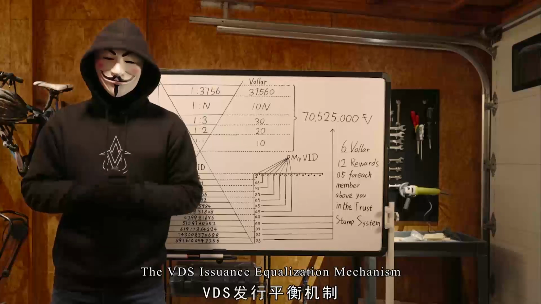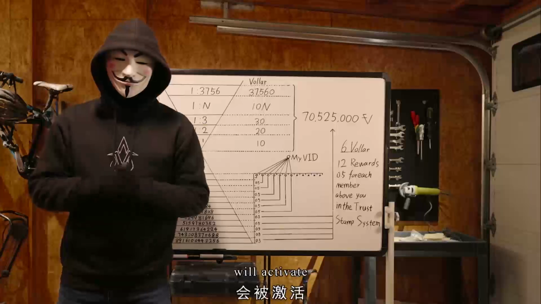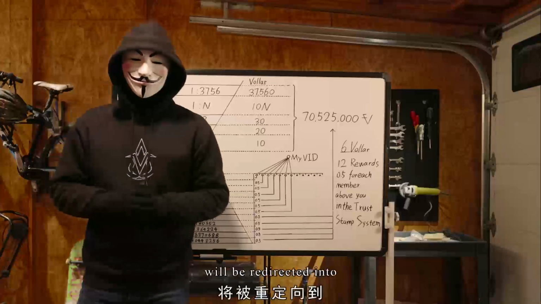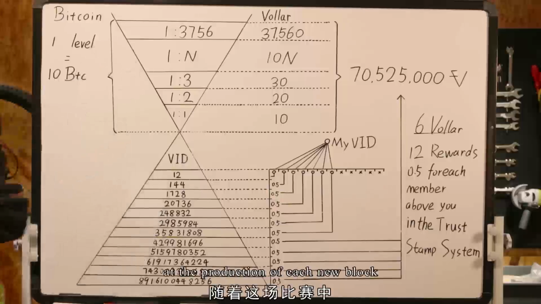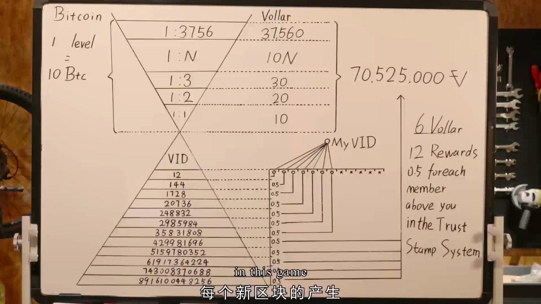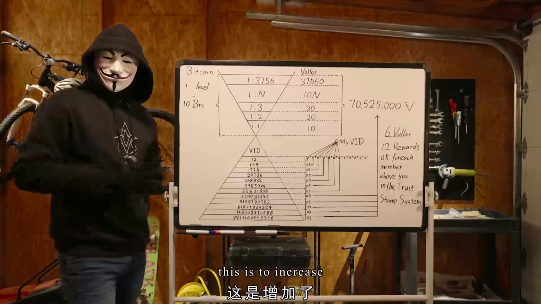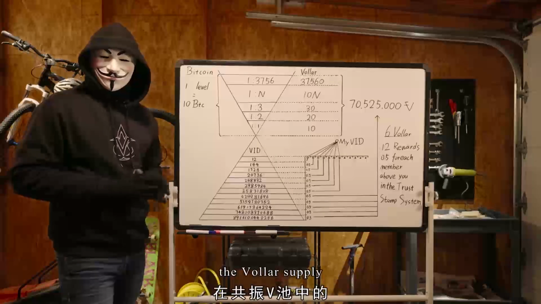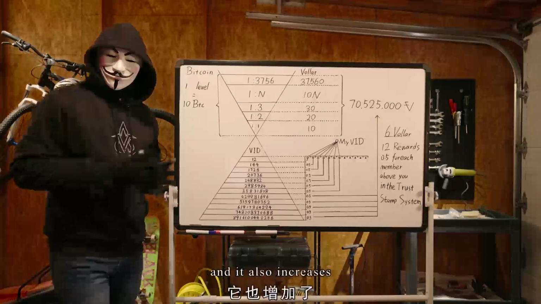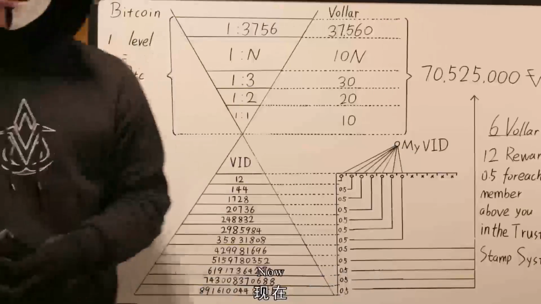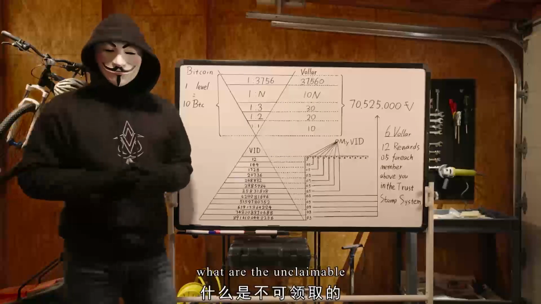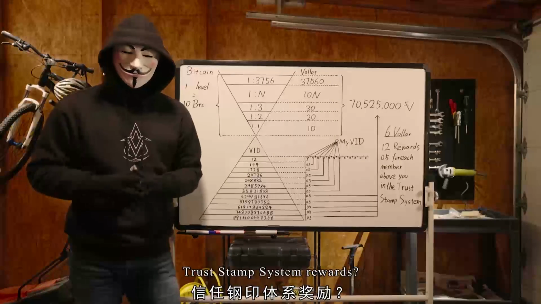Then the VDS issuance equalization mechanism will activate and the overvolume will be redirected into this resonance V pool at the production of each new block in this game. This is to increase the Volar supply in the resonance V pool, and it also increases the exchange rate as each level goes up.